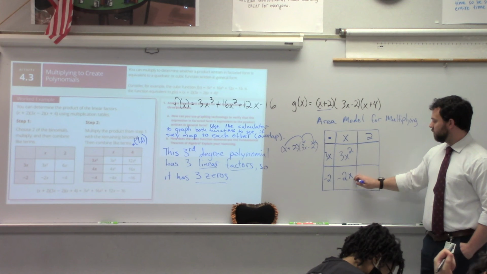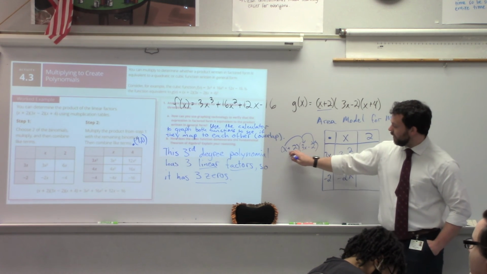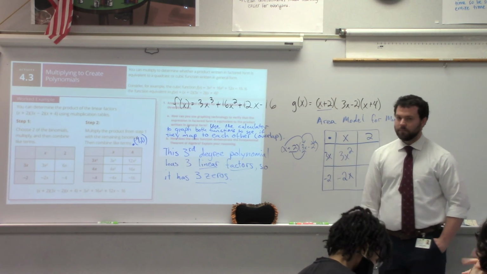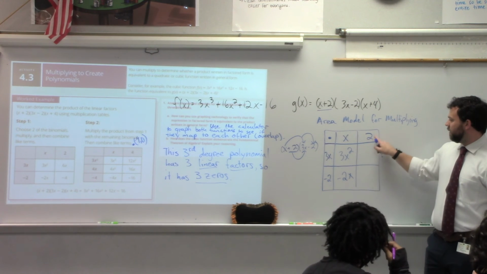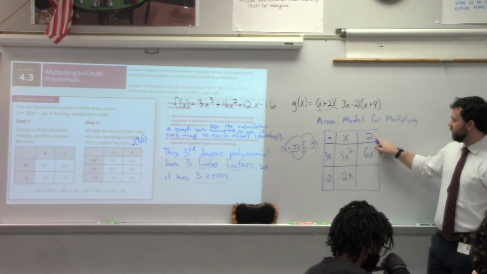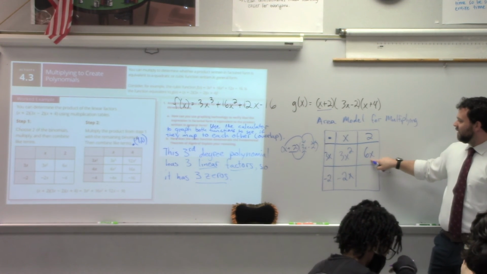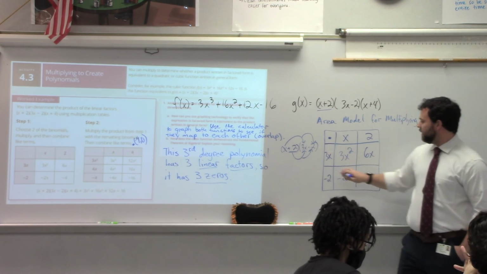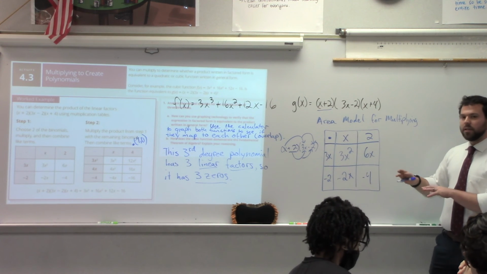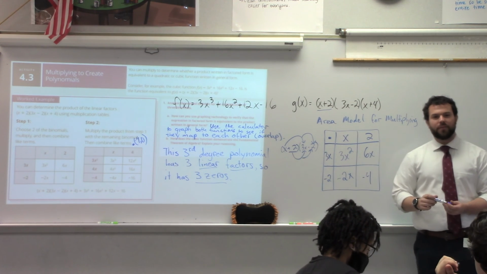Negative 2x. Then I would take my 2 and distribute it to 3x, which would give me, be careful, 2 times 3 is 6. 6x. And then 2 times negative 2 is... So notice, this is just helping me organize my information.